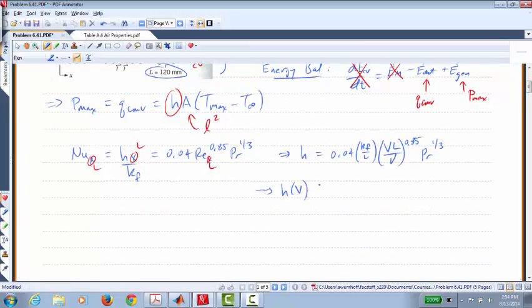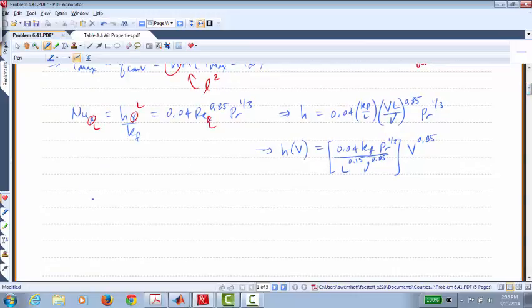You can say that h is a function of speed then. It's going to be 0.04 k_f. You can see that we have an L to the 0.85 power in the numerator and an L to the 1 power in the denominator. So this becomes L to the 0.15 in the denominator times nu to the 0.85 in the denominator. We'll put our Prandtl to 1/3 in the numerator. All of this times the speed to the 0.85 power.